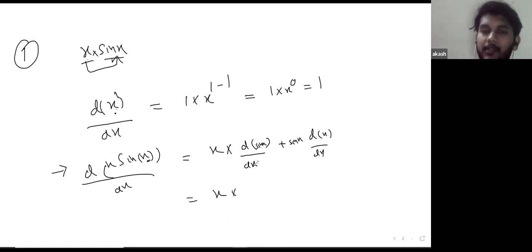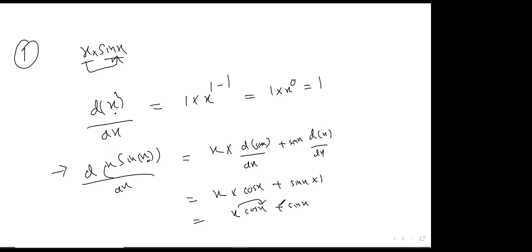So x into differentiation of sin x is cos x, plus sin x into differentiation of x is 1. So the answer is x cos x plus sin x. You cannot multiply this x in with this x. All right. Okay, sir.